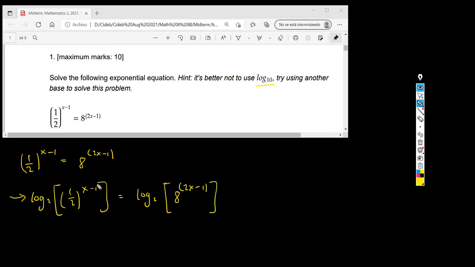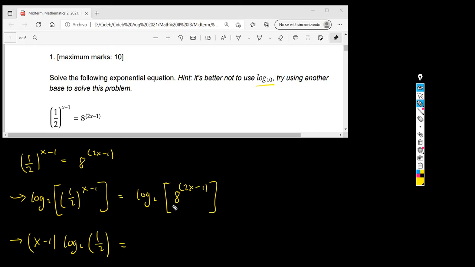Okay, it's perfectly possible. And then I begin using my laws of exponents. I know that the logarithm, base whatever, of some number raised to some exponent, I can simplify by lowering the exponent like this. x minus 1 multiplies logarithm base 2 of 1/2.